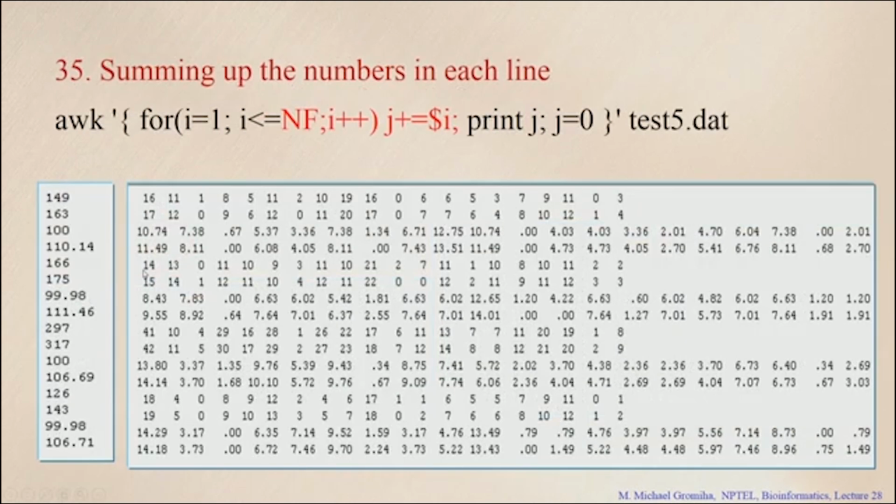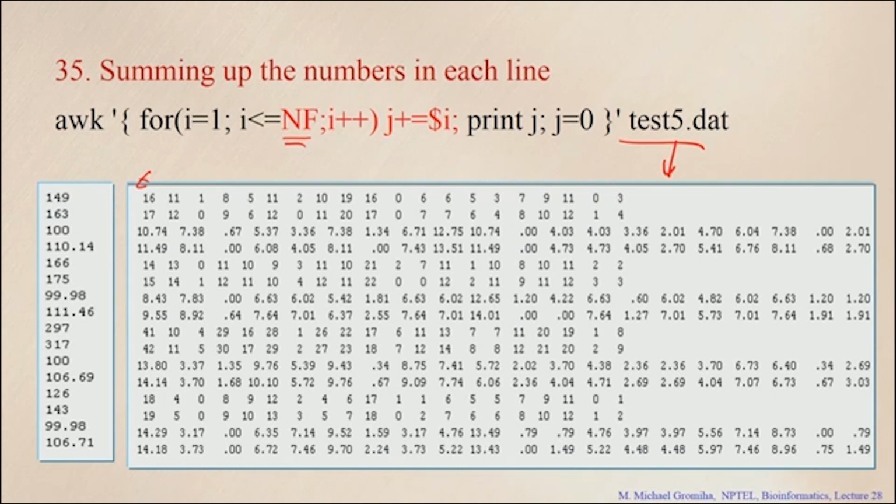Then also you can do some calculations, right. So, here I want to sum up the numbers in each line. So, this is the output file, test5.dat, right. I want to sum up all these numbers. So, how to do that? For i equal to 1, this is the field, take from here to all the fields, right, and then i plus plus.